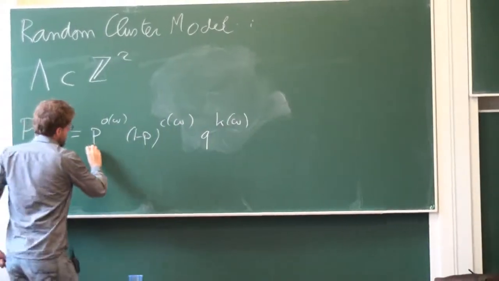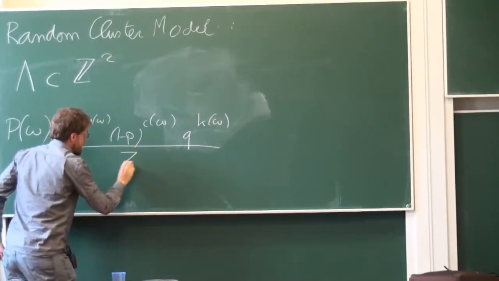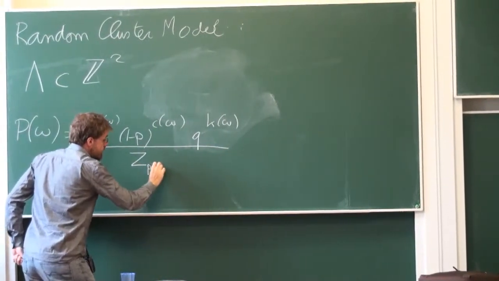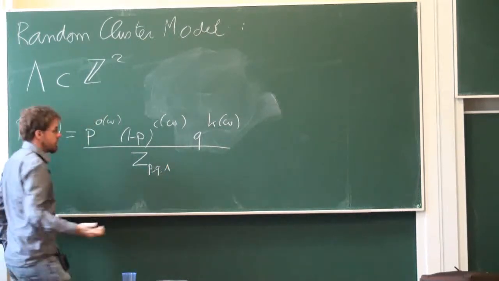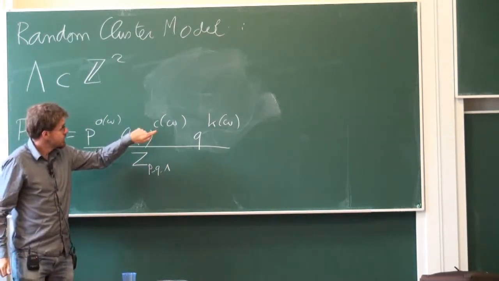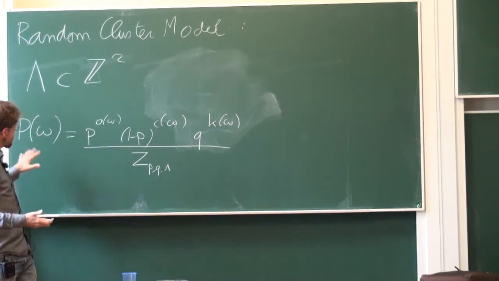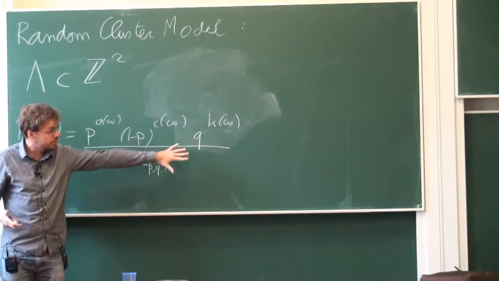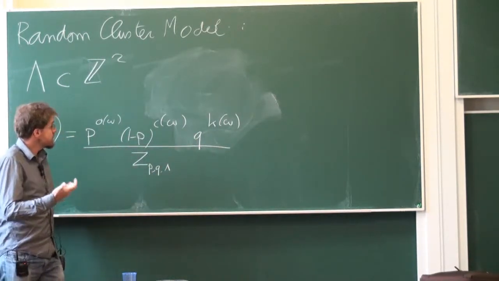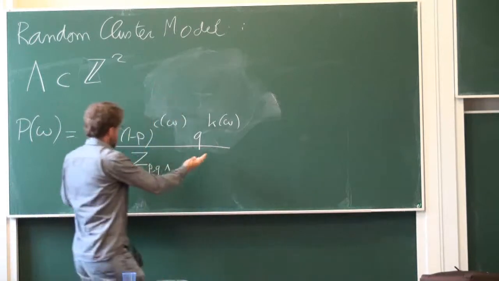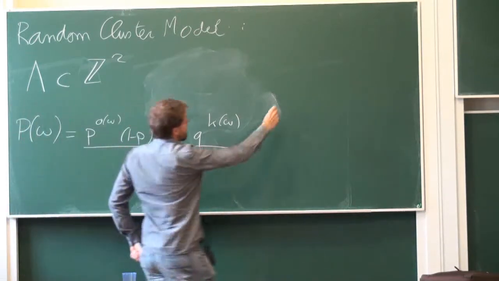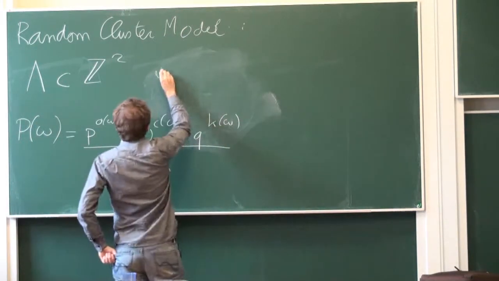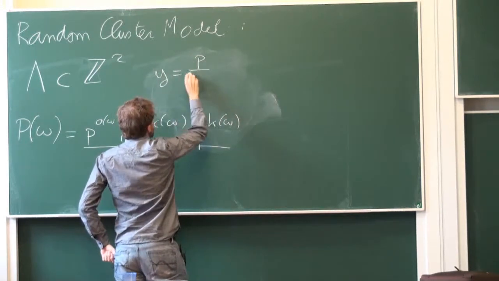To make that a probability measure, we have to divide by a partition function which depends on p, q, and the domain lambda. So this was the definition, and just to make things a little easier for me today, let me introduce another parameterization. I will let y be equal to p over 1 minus p.